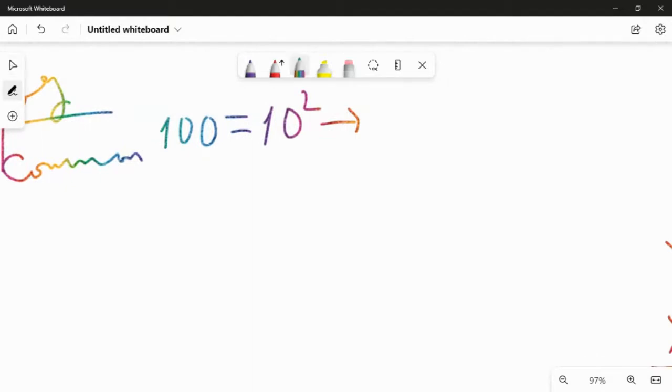We can rewrite this as log to base 10 of 100, or 10 squared.